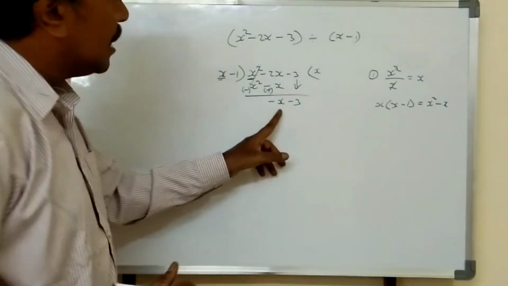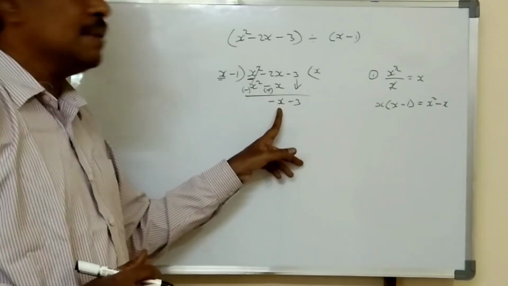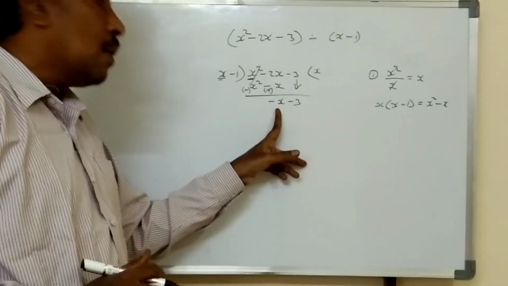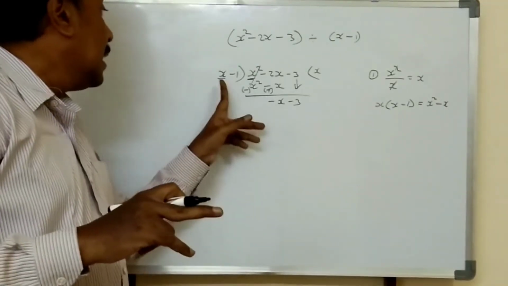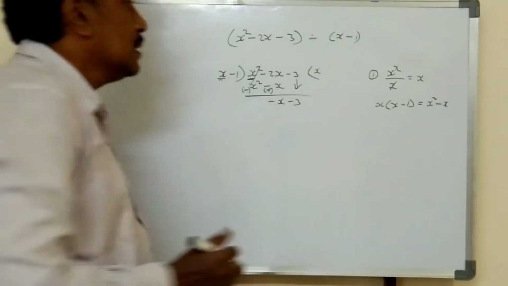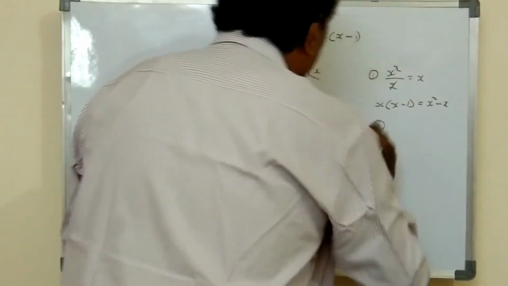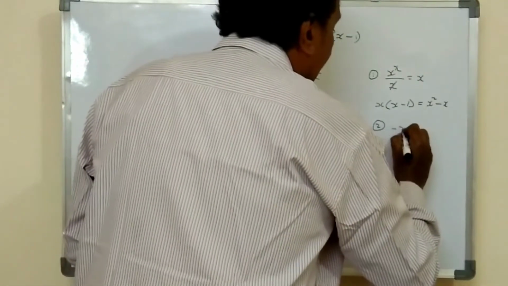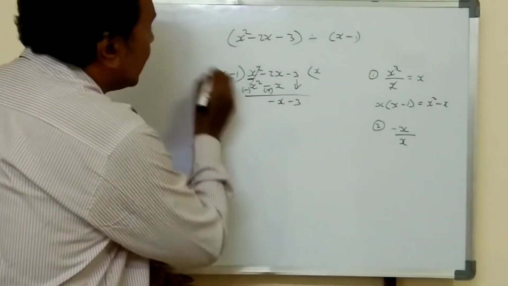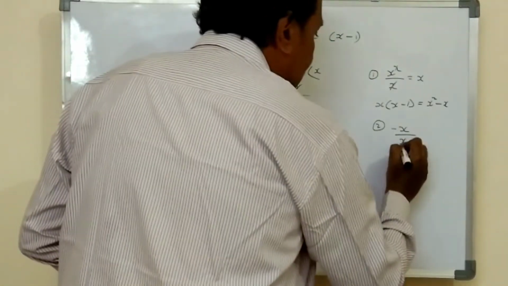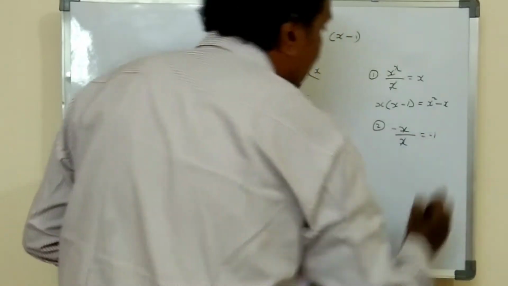So this is the first cycle. Now here also we have to divide the first term of the remainder by the first term of the divisor. That is the second step. So minus x divided by x: x will be cancelled, that is equal to minus 1.